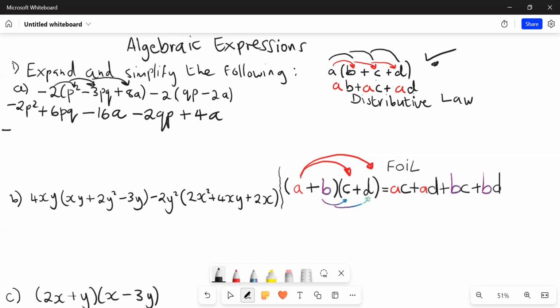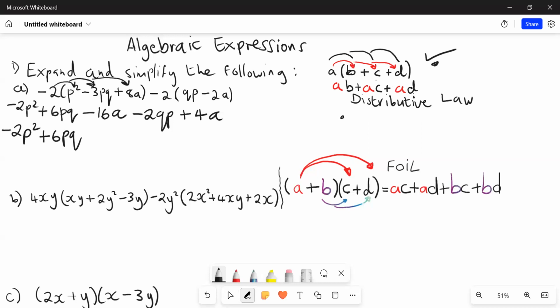So we have -2p squared. We don't have any p squared, right? And therefore we can now say plus 6p cubed, right? If you can check, p comes first compared to q, right? So we need to always start with p, or you can say a, b, c, d, just like that.